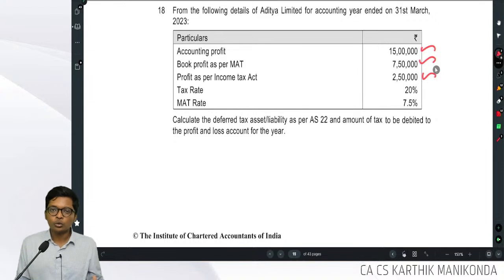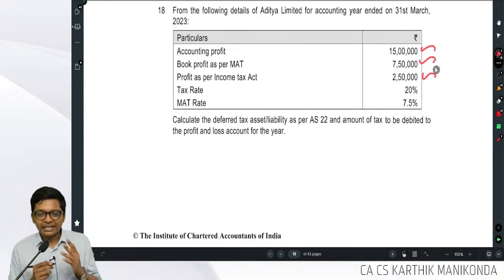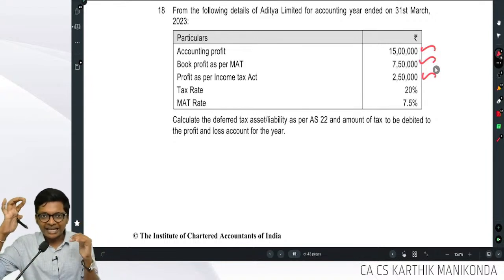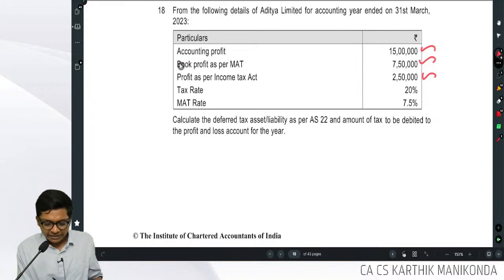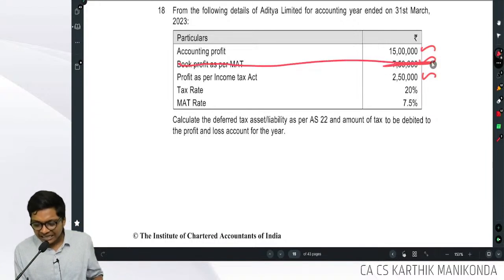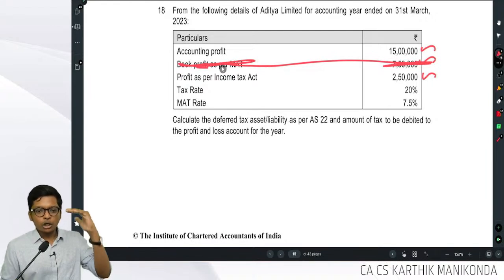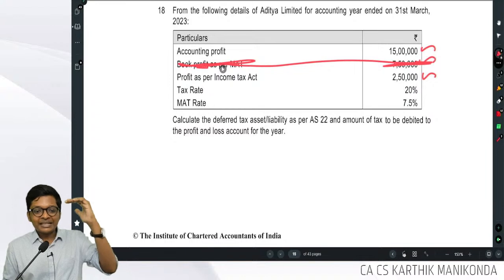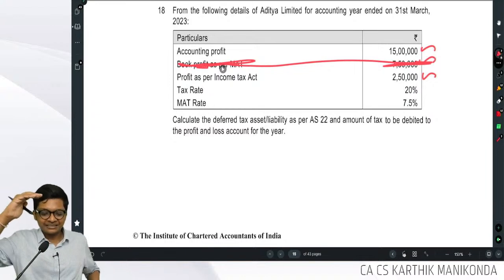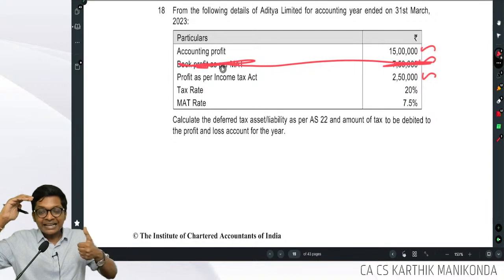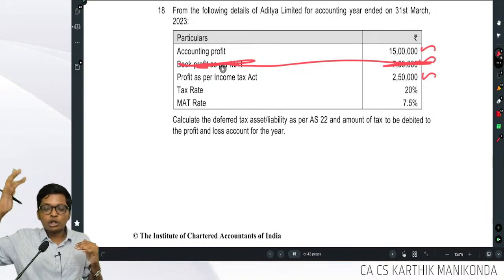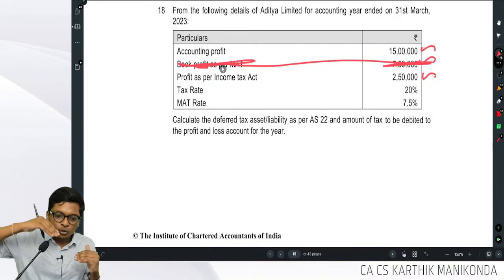I told you, in any sum, whether MAT is there or not, I have to compare only accounting and PGBP income tax. Do the comparison as if MAT is not there. Accounting is 15 lakhs. Tax is only 2.5 lakhs, guys. Which is correct? Tax is correct. Which is wrong? Accounting is wrong. From wrong, I have to come to correct.